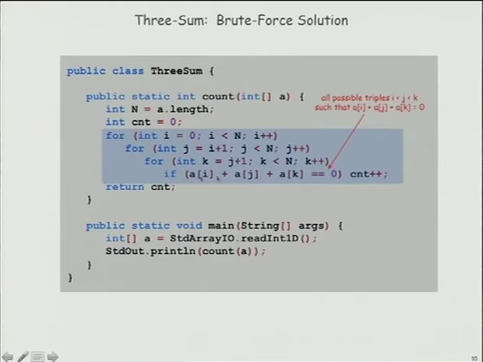If their sum is equal to 0, then I increase the count of triplets, and otherwise I do not. Once this is finished, I return the number of triplets that I found in this array that sum to 0. And then the way we will run it is we will just read the values from the command line, and then run this and print out how many there are.